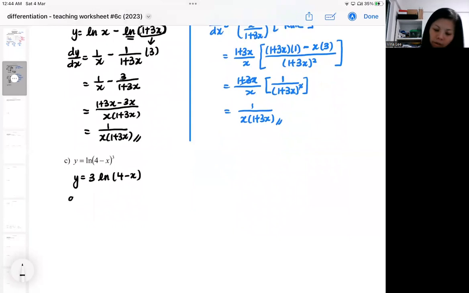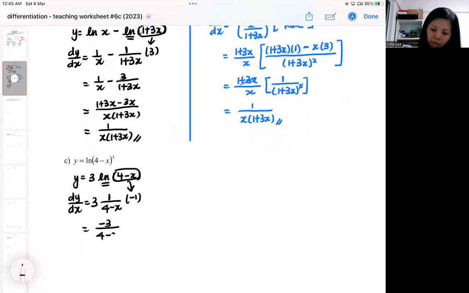So after I bring down the power, I will differentiate. Okay, get rid of the ln function. And then you differentiate this part. So all in all, you'll be getting this as your dy dx. It looks quite short.